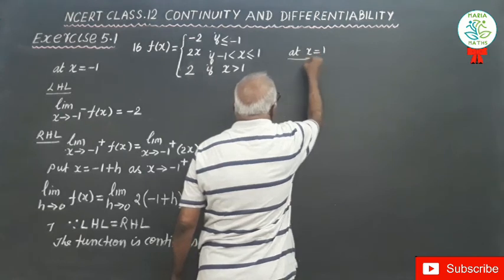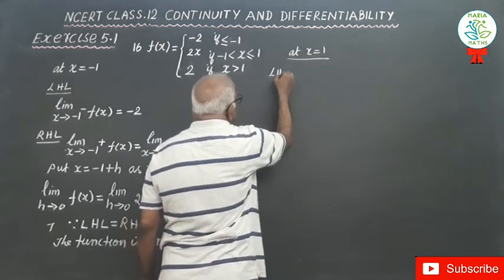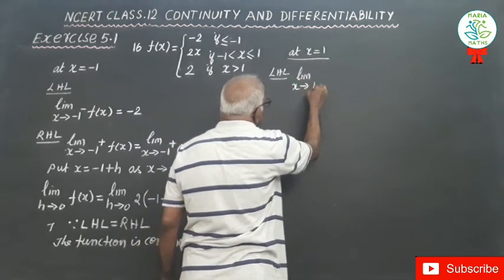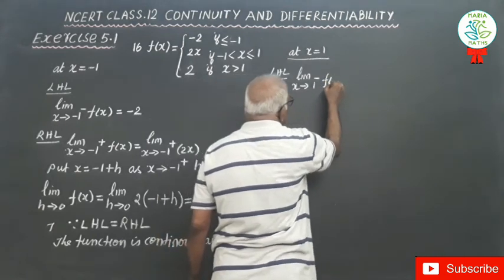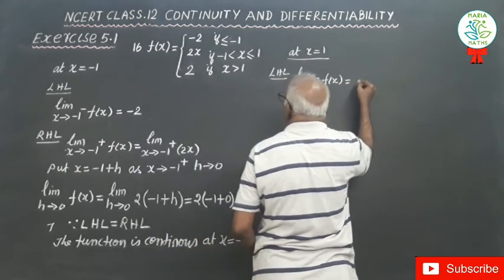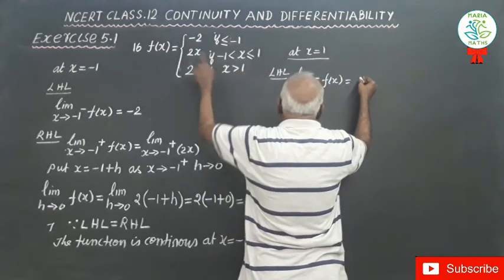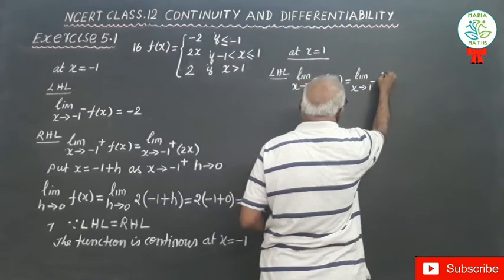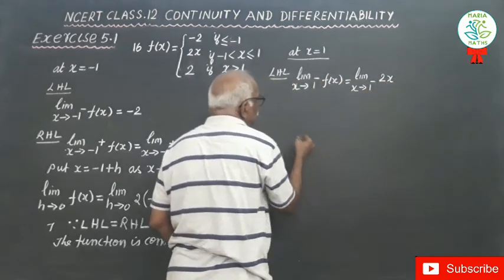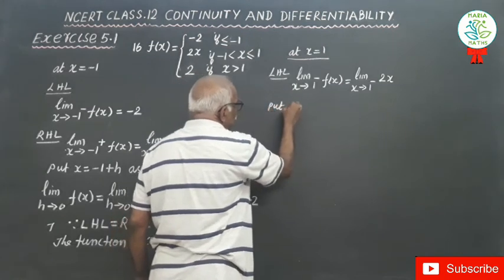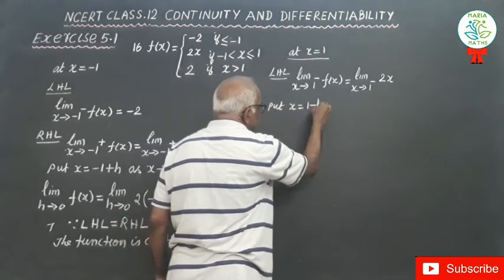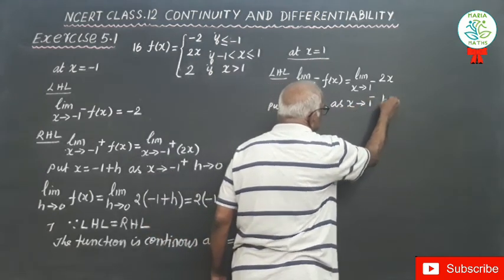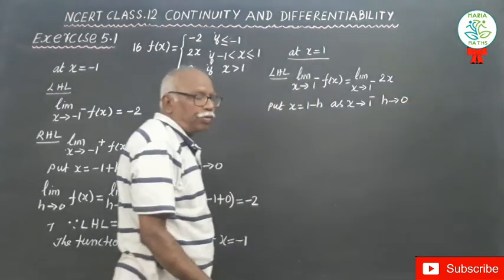At x is equal to 1, LHL: limit x tends to 1 minus f of x is equal to, less than 1, 2x is there. Limit x tends to 1 minus 2x. Let's put x is equal to 1 minus h, as x tends to 1 minus, h tends to 0.